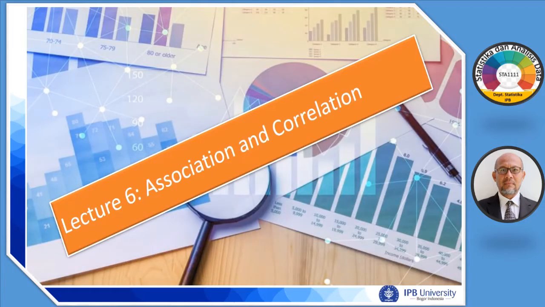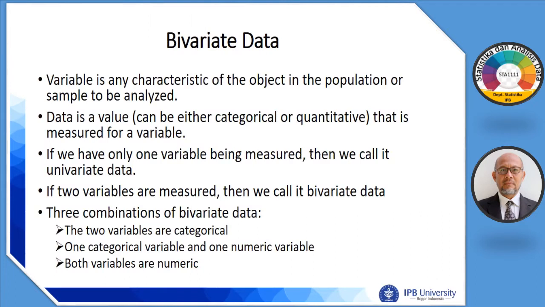Now, let's start to discuss association and correlation. First, I want to explain about bivariate data before we start with the correlation and associations topic. Variable is any characteristic of the object in the population or sample to be analyzed.